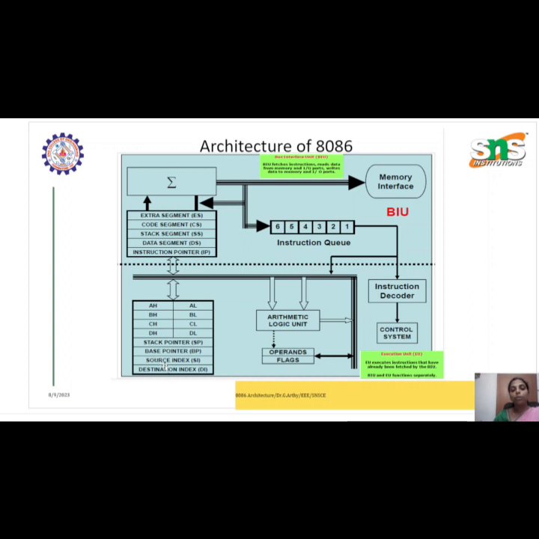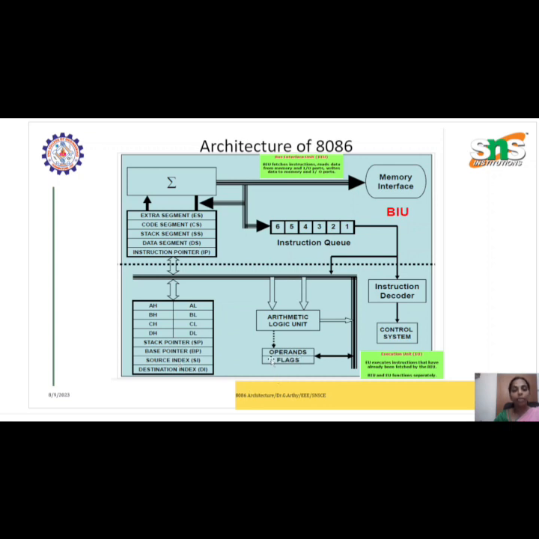The base pointer and stack pointer are used to point to the address which has to be executed next after completion of an interrupt service routine. And these index registers are used to point to the index values of the instructions to be executed or the data.